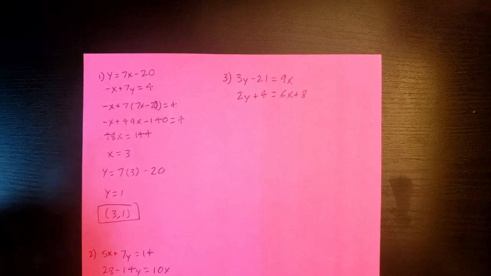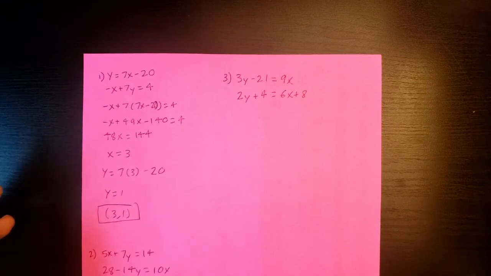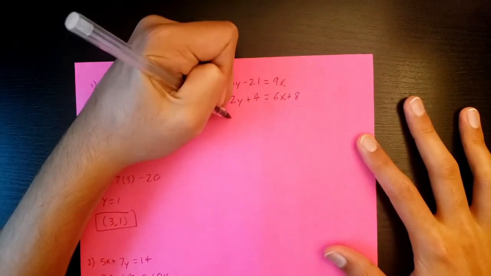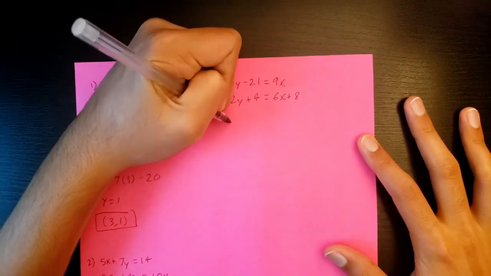For the last problem, we have 3y minus 21 is equal to 9x, and 2y plus 4 equals 6x plus 8. I guess let's start with the first one and isolate the y.